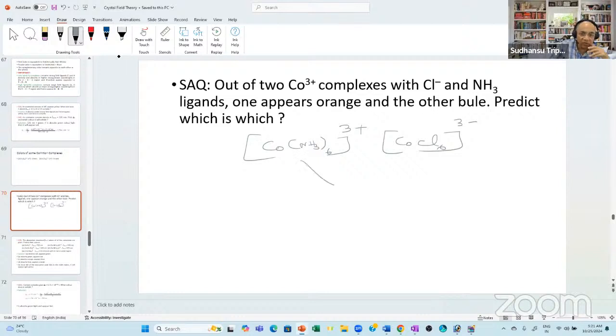Out of this, one is orange, the other is blue. You have to identify which is which.